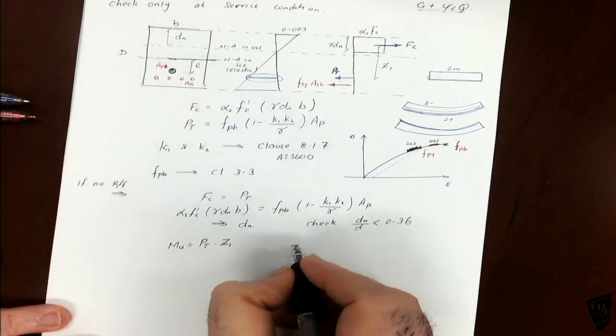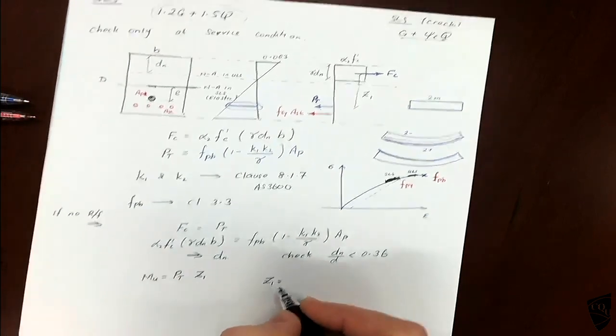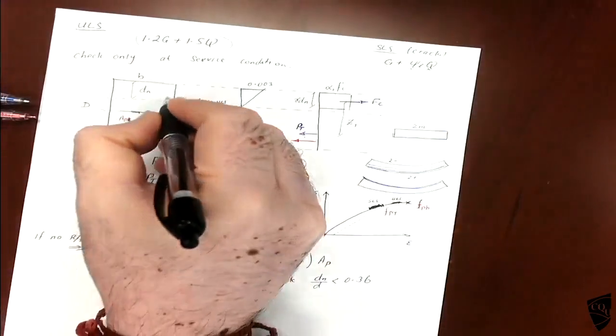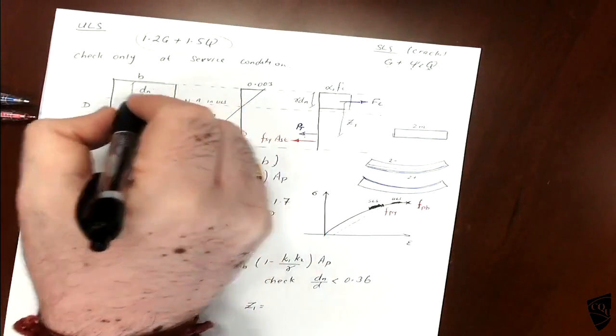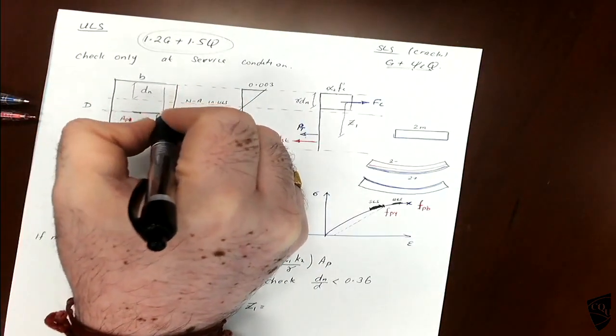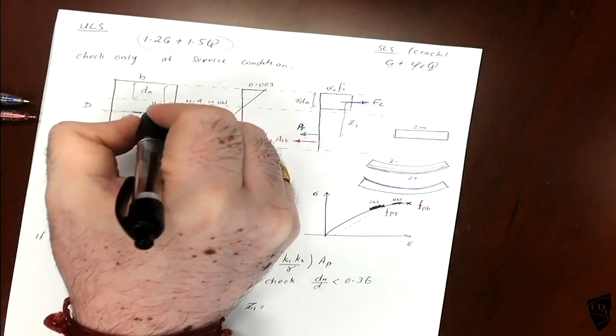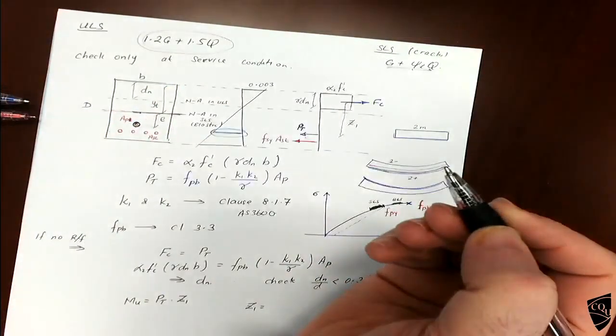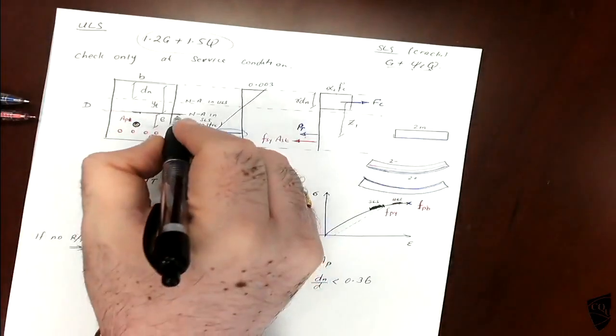What is z1? From top to bottom. So this one is yt, and this is yb, isn't it?